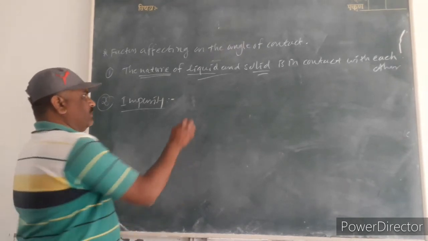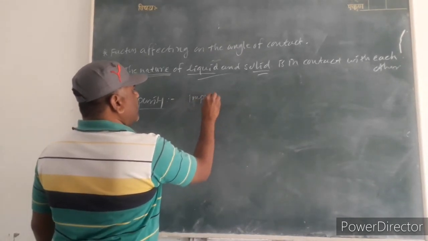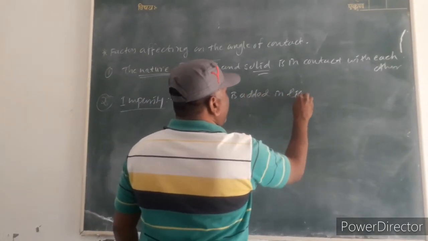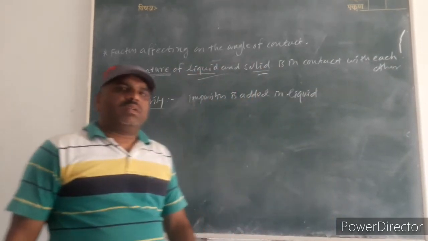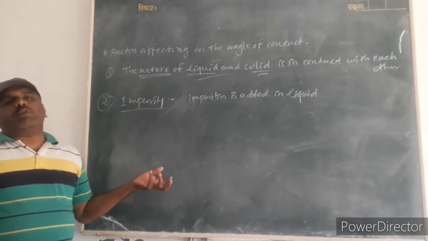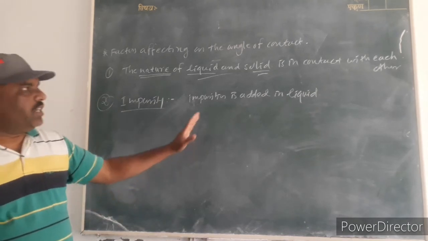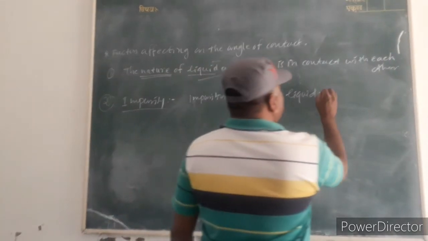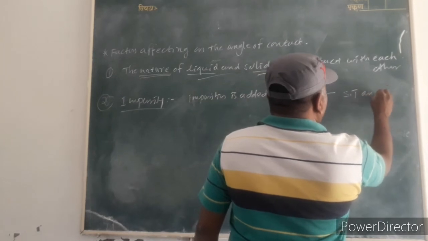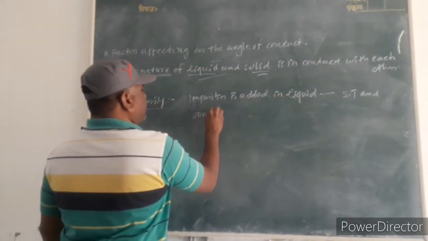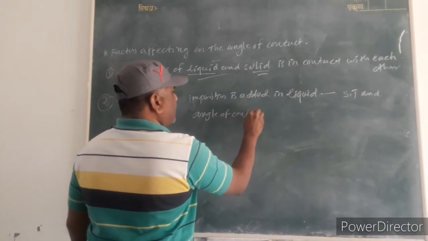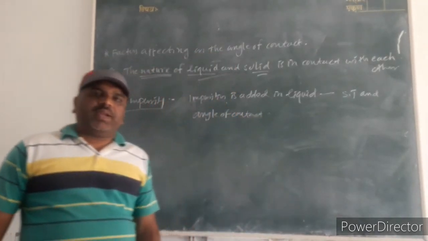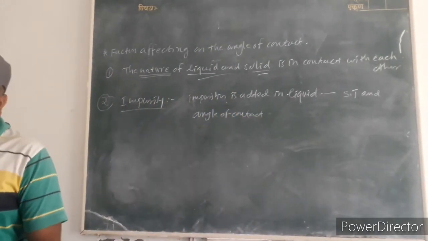If any type of impurity, soluble or insoluble, is added in the liquid, then the surface tension and the angle of contact change.